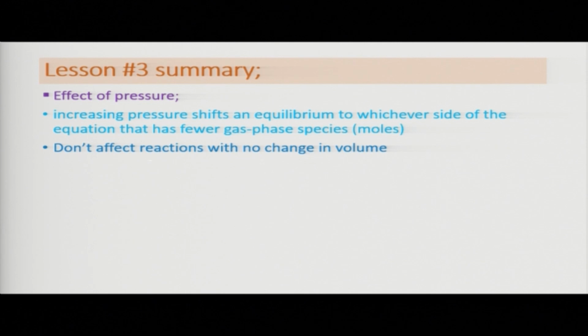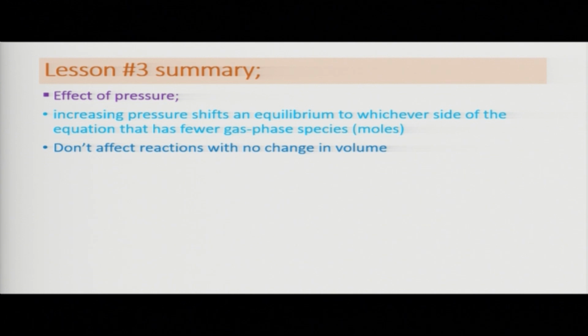Let's quickly summarize up the lesson. First, effect of pressure. So when you increase pressure, the equilibrium position shifts to whichever side that is with lower number of moles of the gas molecules. That is a point to take note of.